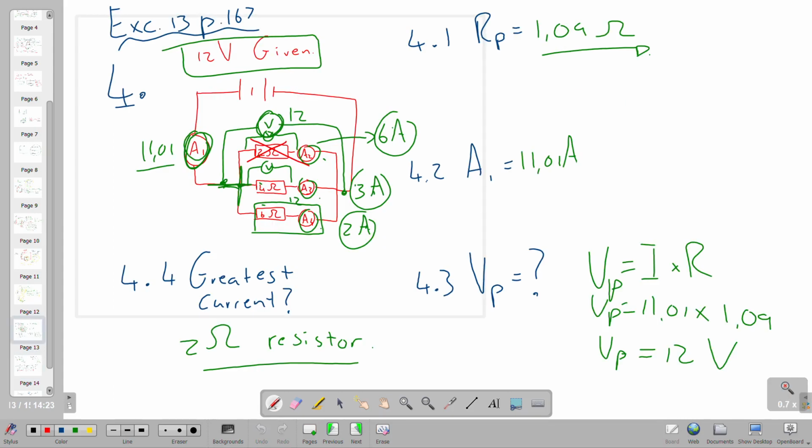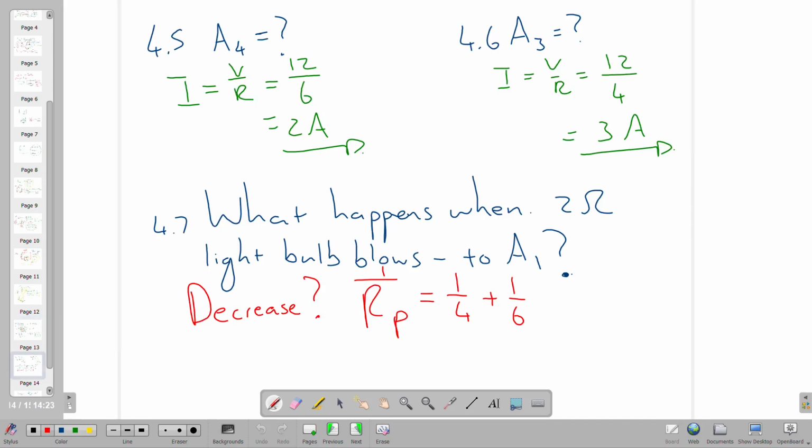If this light bulb blows out, my parallel resistance will change. So if I calculate those two together with your calculator, you can also just use good old-fashioned mathematics. 3 over 12 plus 2 over 12, which is 5 over 12. And if I take the inverse of that, RP is equal to 12 over 5, which is equal to 2,4 ohm.